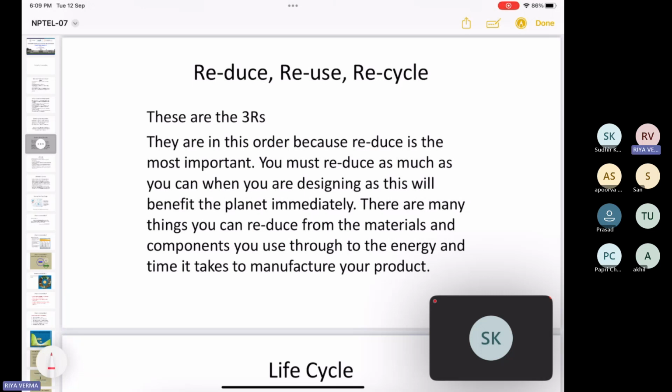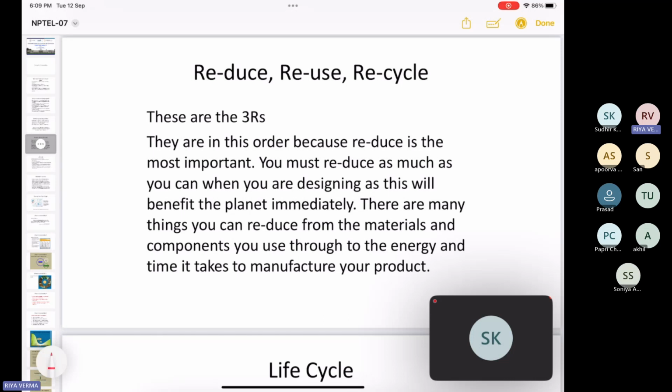After that, if we are unable to reduce the wastage, then only we should go for the reuse phase. That is, we should try to reuse the product as many times as we can, so that the waste load can be decreased. And there are many things that you can reduce, from the materials and components you use through to the energy and time it takes to manufacture your product.